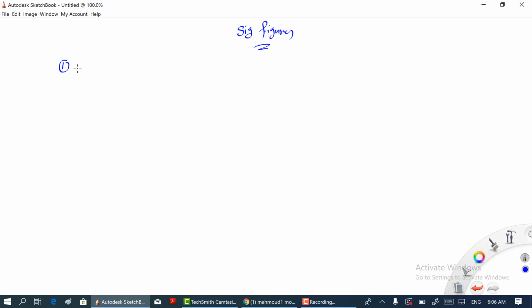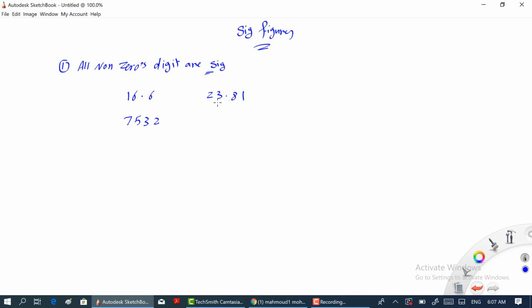for the numbers, all non-zero digits are significant. And examples: 16.6, 7532, 23.81.